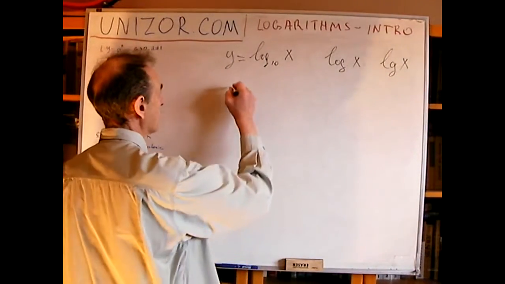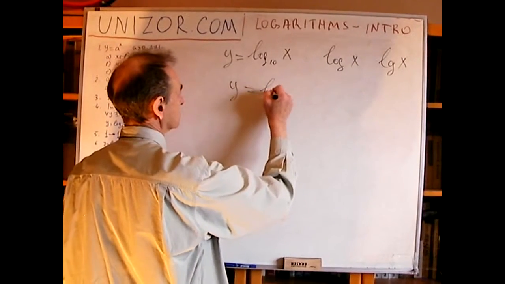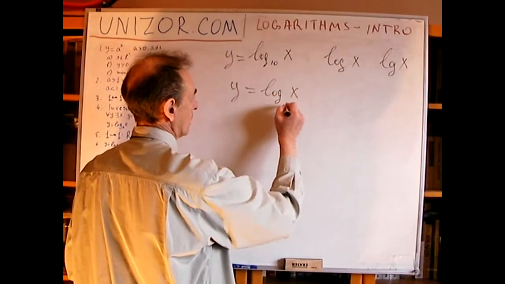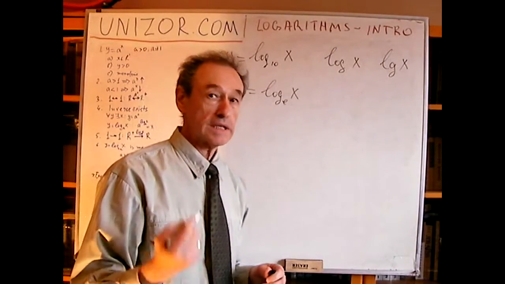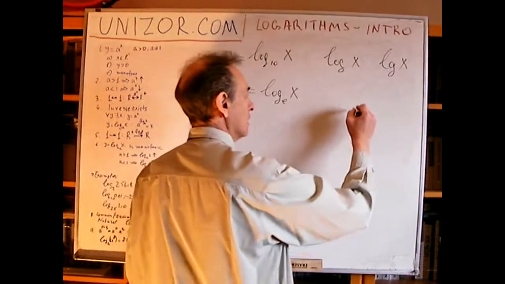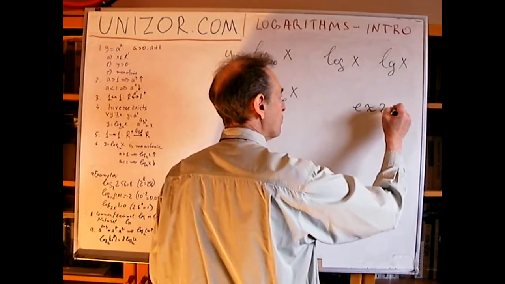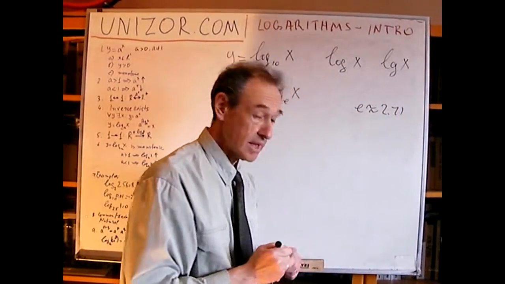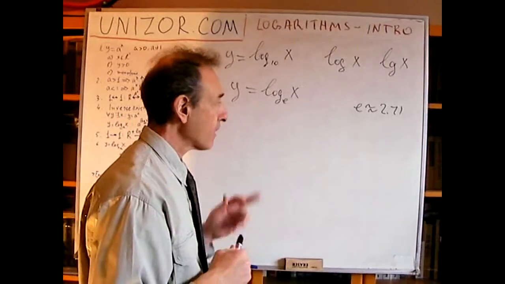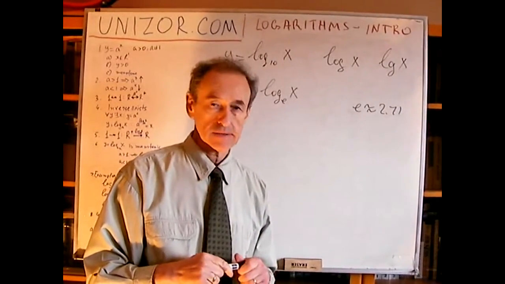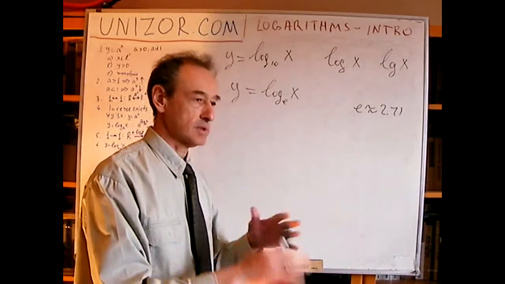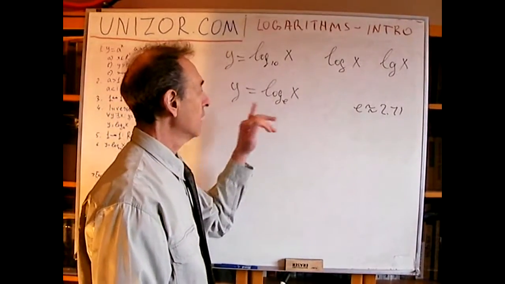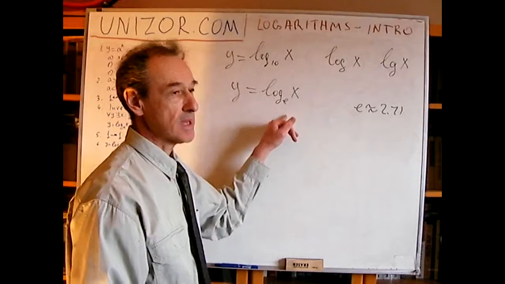Now, another type of logarithm. There is a number called e in mathematics, which is approximately 2.718. It's an irrational number, and it's very important in mathematical analysis for different purposes. I'm not talking about those purposes right now, I'm talking about the logarithm which has the base e.